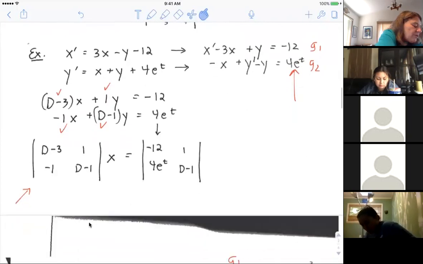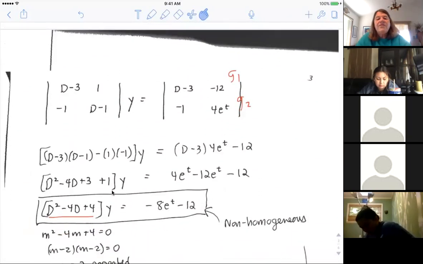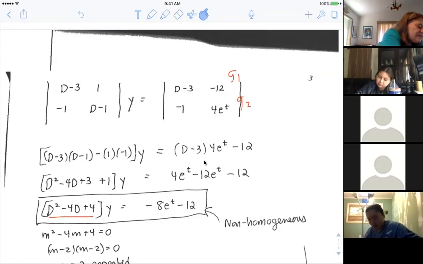So let me look at the right-hand side, because the right-hand side is behaving a little differently. This actually will get you your function that you got on the right-hand side of this DE. And I'm going to say D minus 3 times 4e to the t, and then minus that thing will be 12. This means to operate on this.